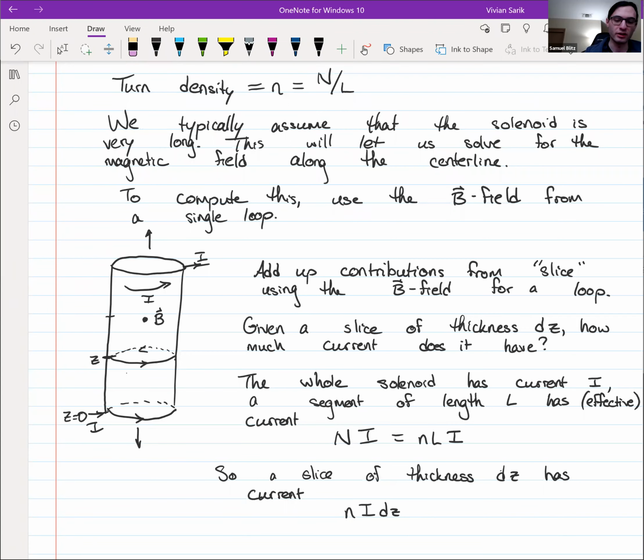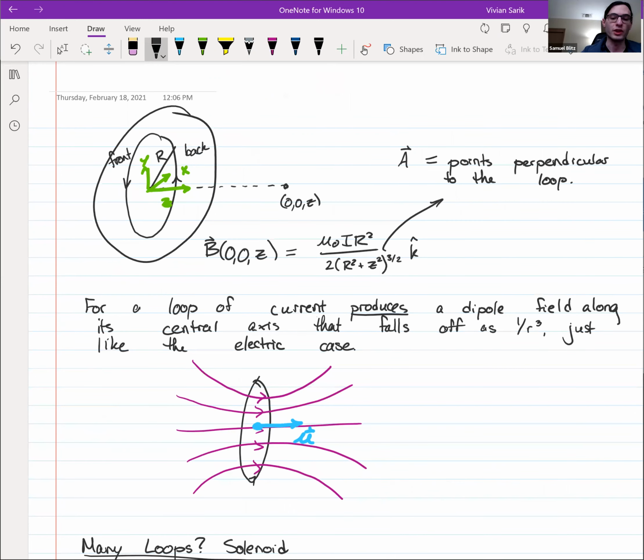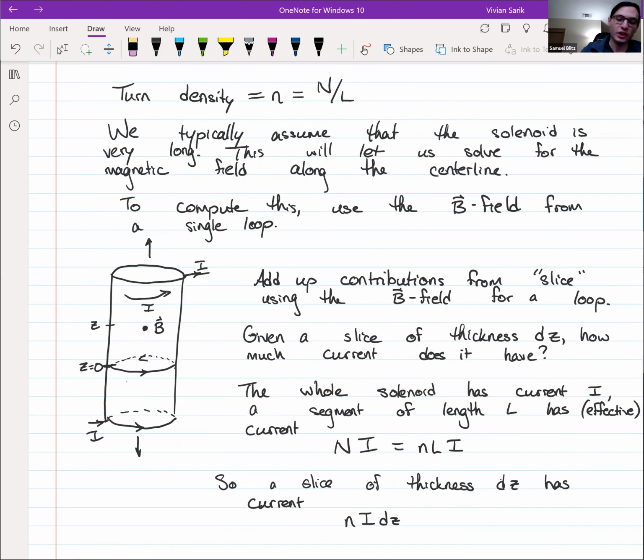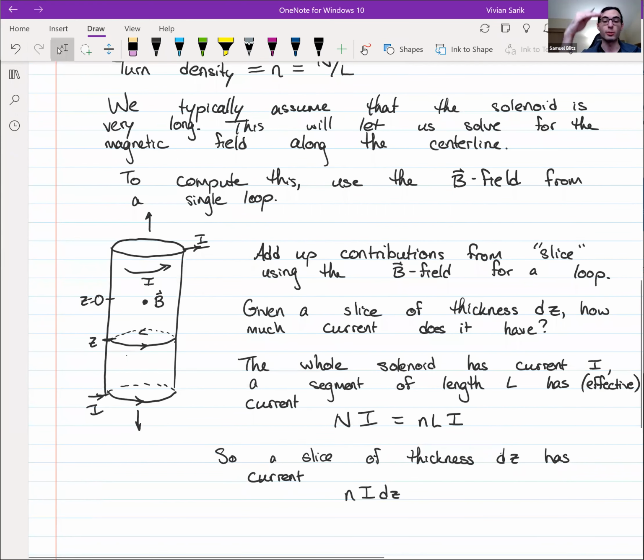Actually, just for the sake of argument, let's make this z equals 0, and let's call the point that we're interested in finding the magnetic field at some position z. Now, in this case, z will be negative, but that's fine. All right, this is what I'm sticking with. The reason why I'm doing this is because we want to be able to integrate over the variable z. So we would like to go from negative infinity to positive infinity and figure out the contribution from each of these loops at that point.